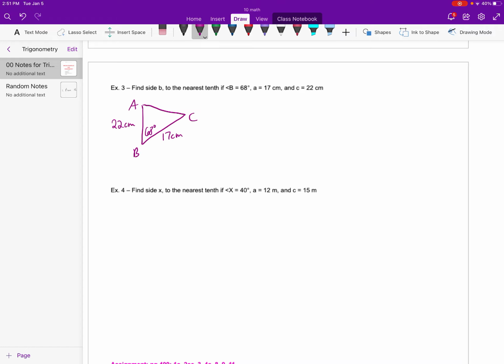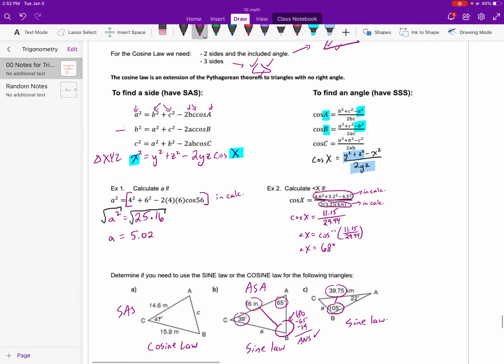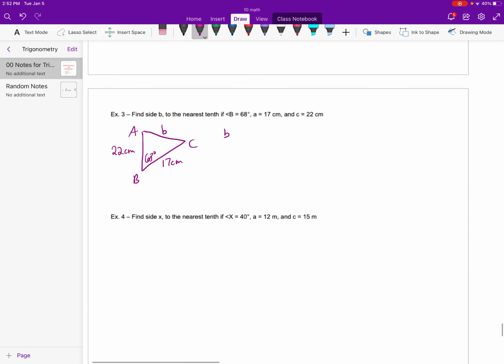In order to solve this problem, we're trying to find b here, and we're going to use the b squared formula, which is right here. So we know that b squared is equal to a squared plus c squared minus 2ac cos big capital B. Let's fill in what we know.